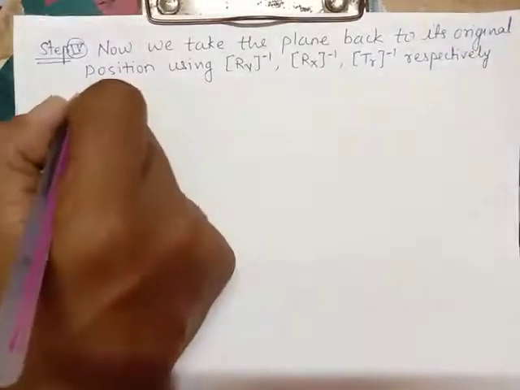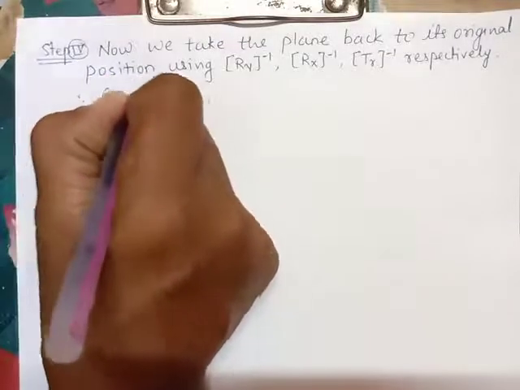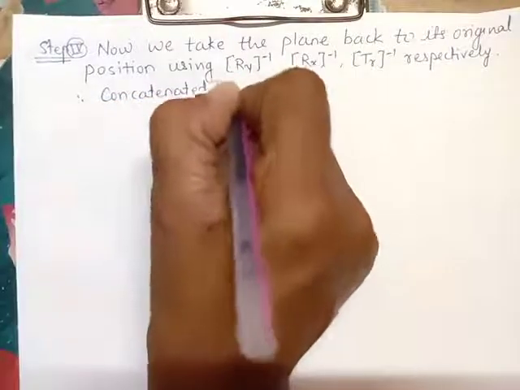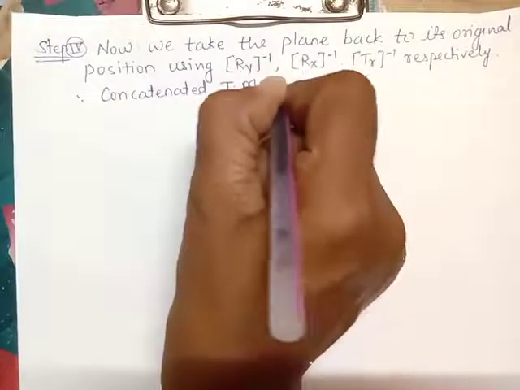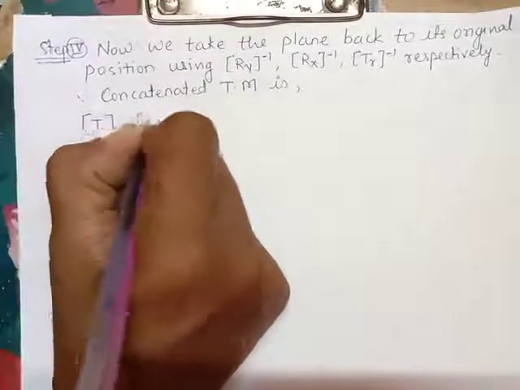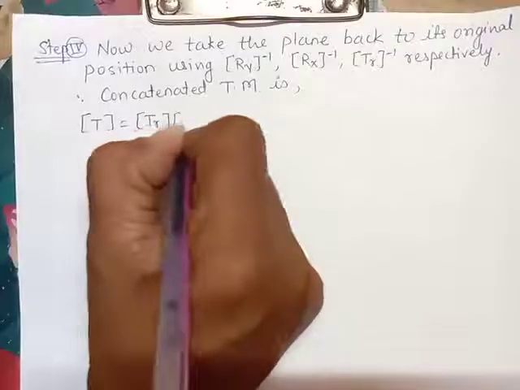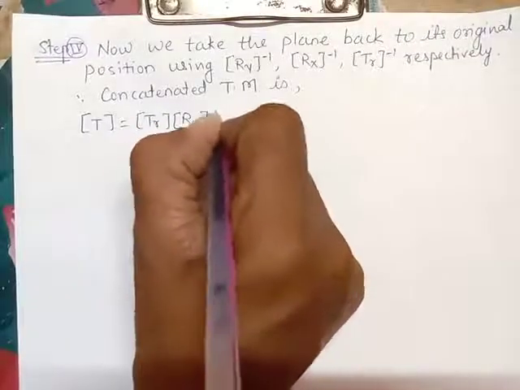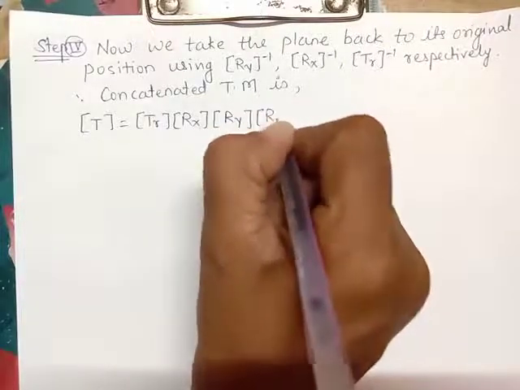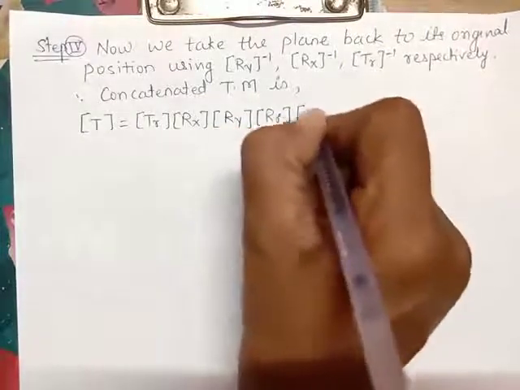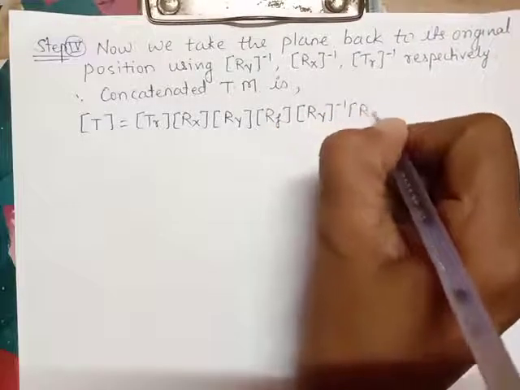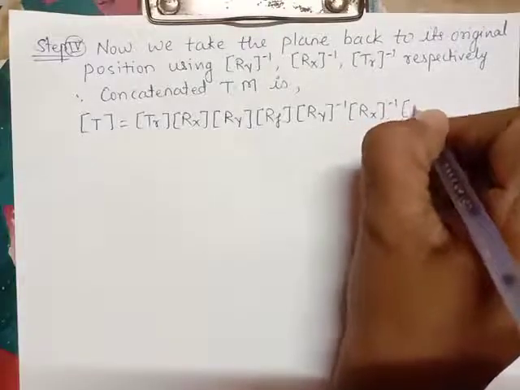Okay, therefore the concatenated transformation matrix is T equal to what? Translation, into rotation through X, rotation through Y, then reflection, then inverse rotation through Y, inverse rotation through X, and then inverse translation.